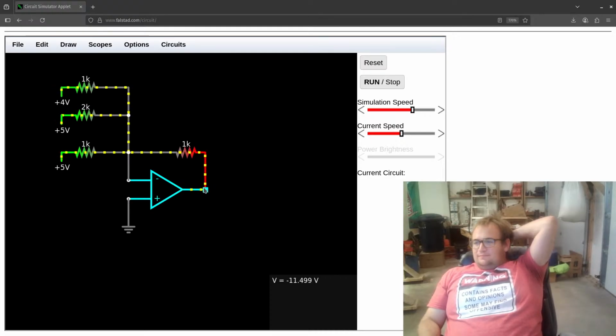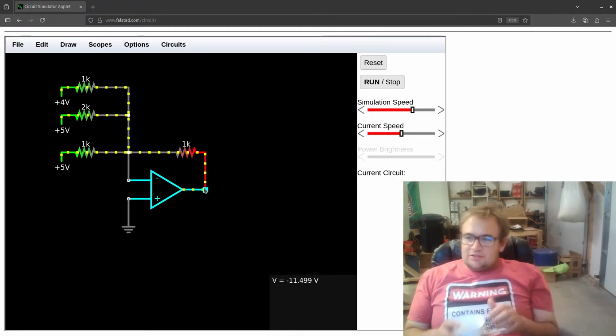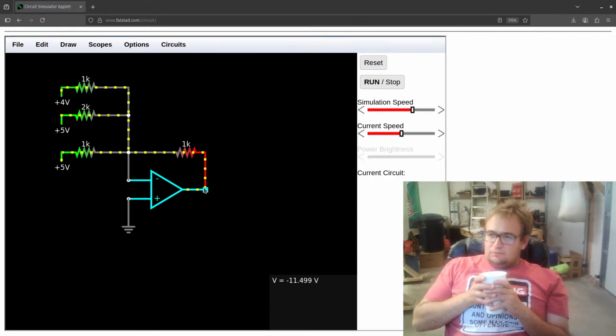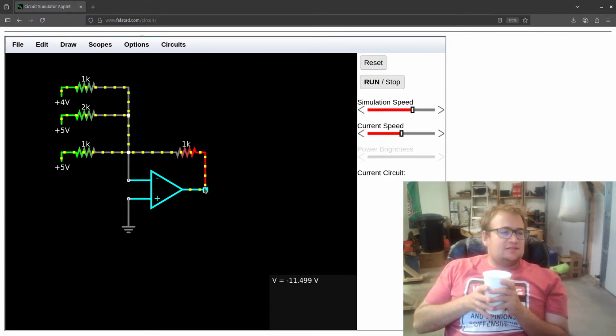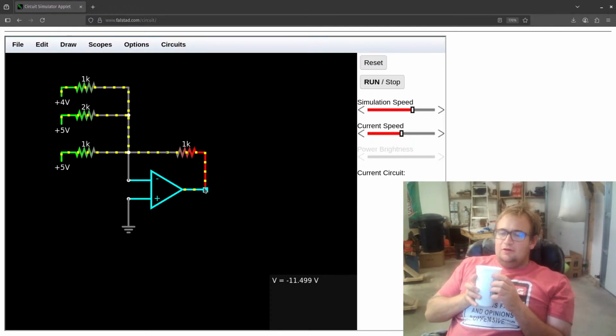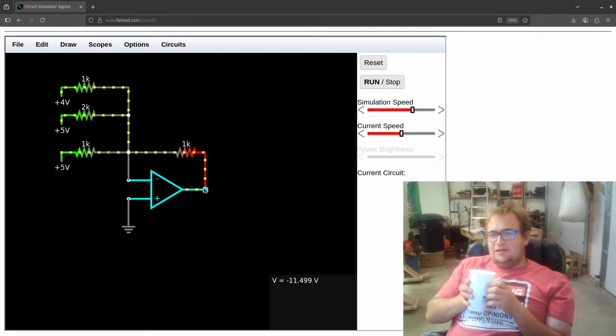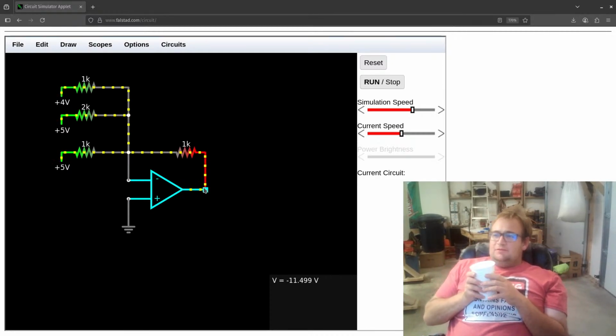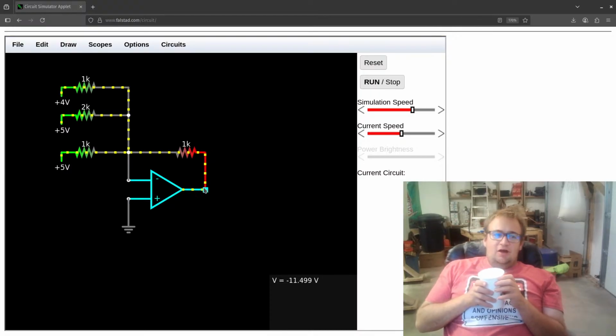Does anybody have any questions or comments on it? Again, this is the Falstad simulator, if anybody's looking to simulate circuits, and it does a whole bunch of different things. I might show some example circuits that it just sort of has in stock.